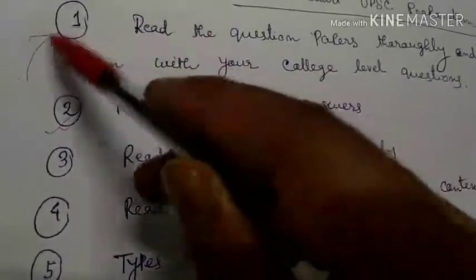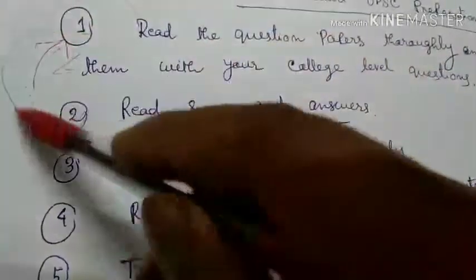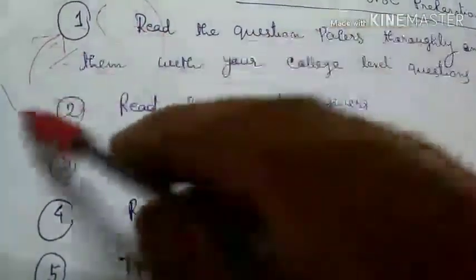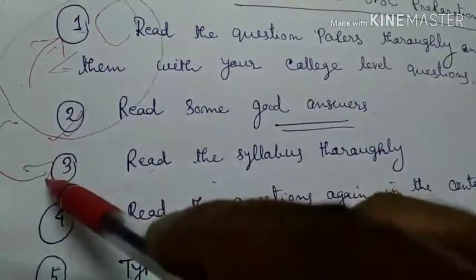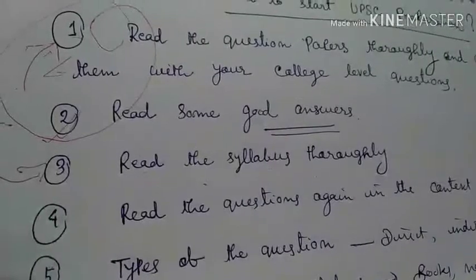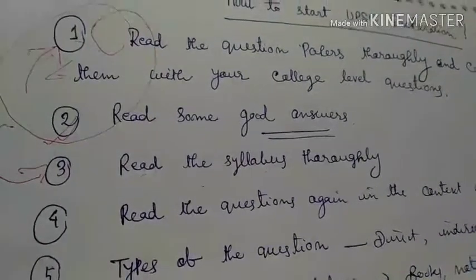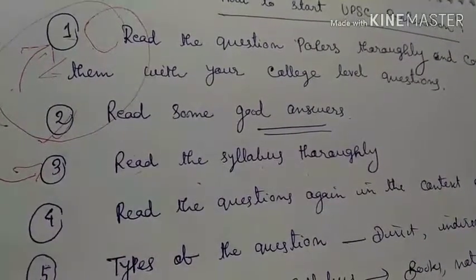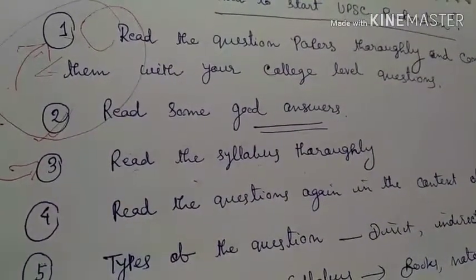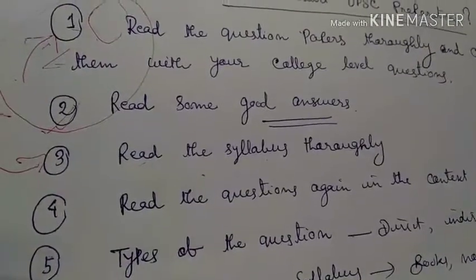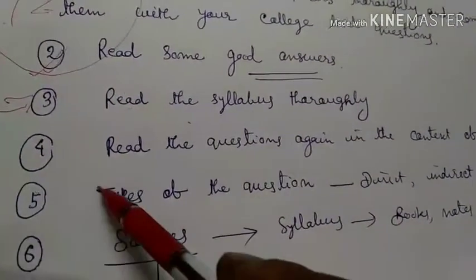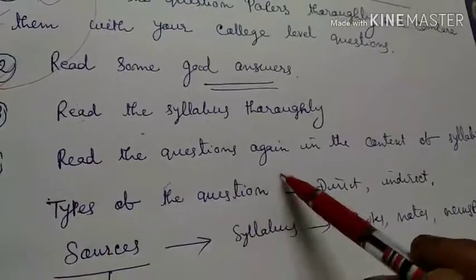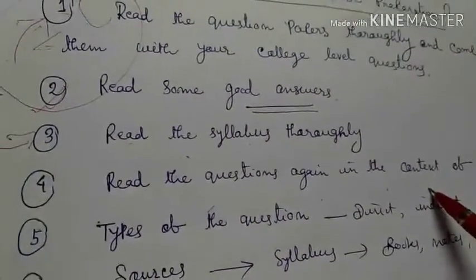The combined effort of the first and second steps will make it easier for the third step. When you read the syllabus thoroughly, you will get a clear idea of what type of questions are asked and how to write the answers. Then the fourth step is to read the questions again in the context of the syllabus.